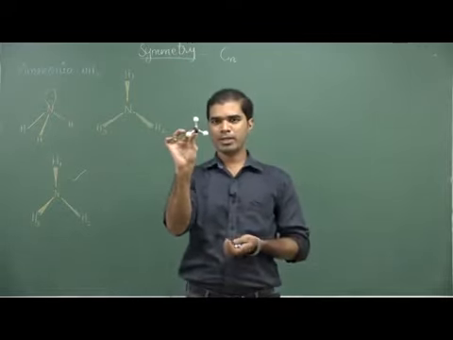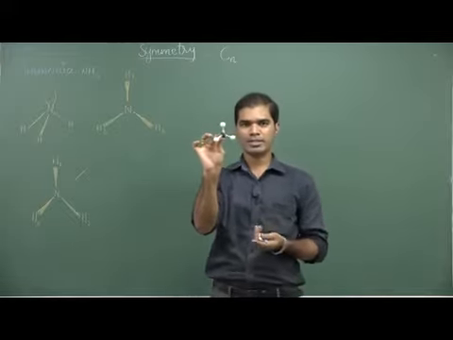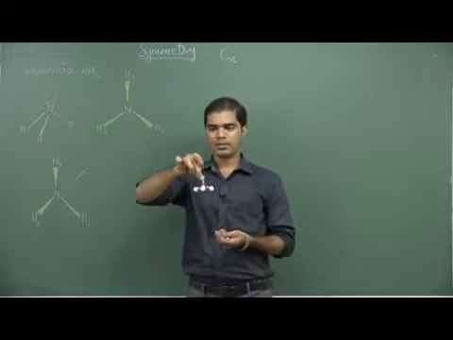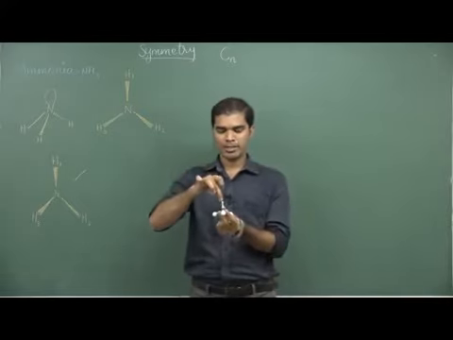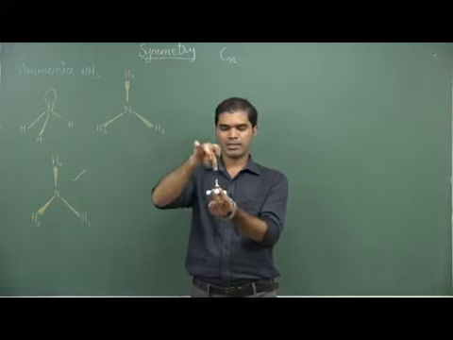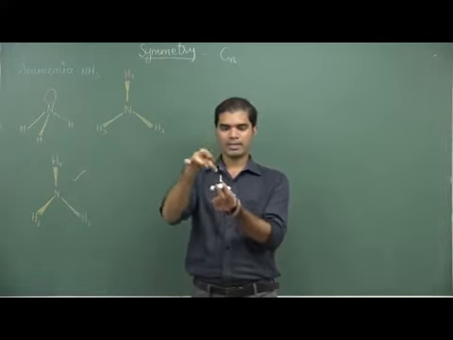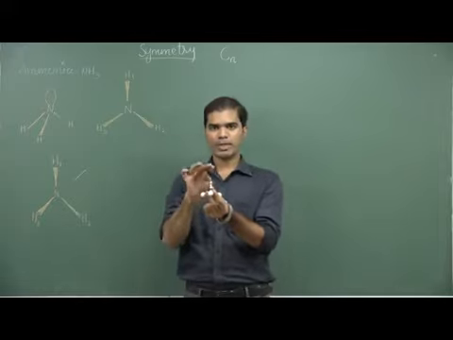Now, as I hold the molecule in this manner, you have to search for the rotational axis. This is the top view. Suppose I am holding the ammonia in this manner, this is a top view, and you can imagine the z axis along this direction. This will be the z, x and y direction. All the atoms do not fall on every axis.